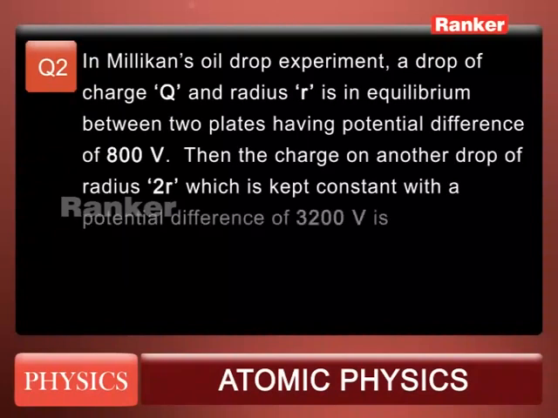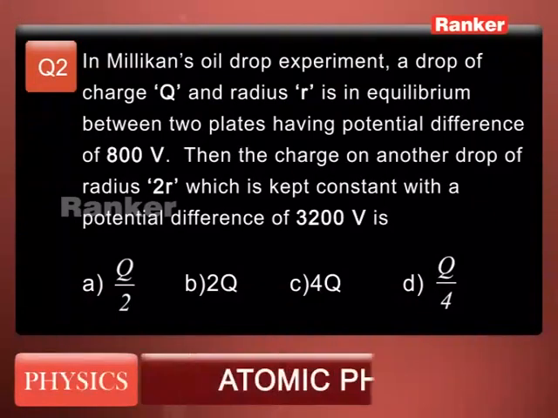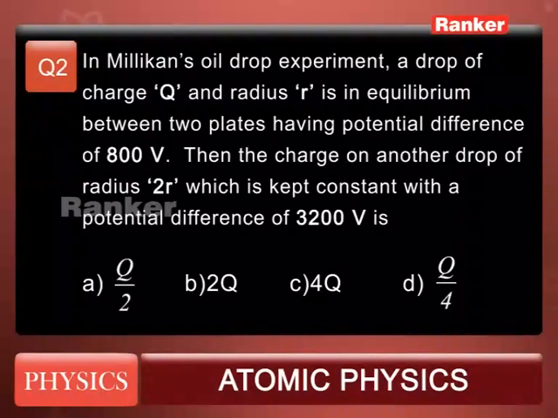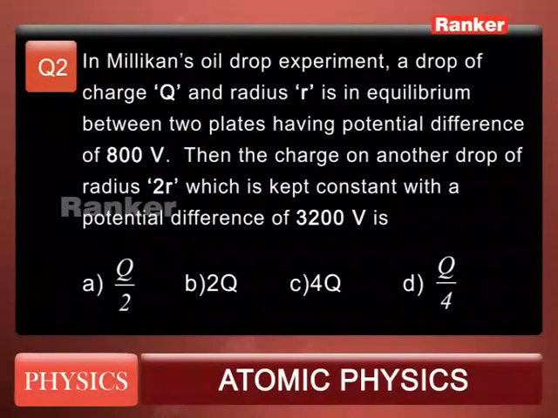In Millikan's oil drop experiment, a drop of charge Q and radius r is in equilibrium between two plates having a potential difference of 800 volt. Then the charge on another drop of radius 2r, which is kept constant with a potential difference of 3200 volt, is how much?